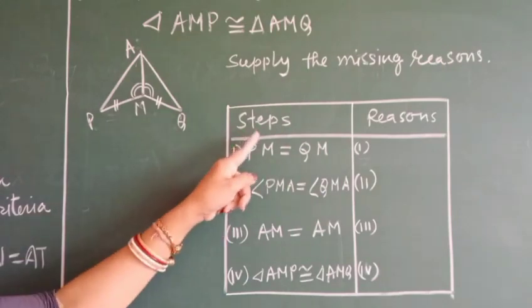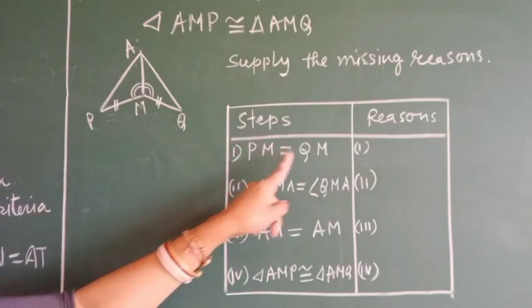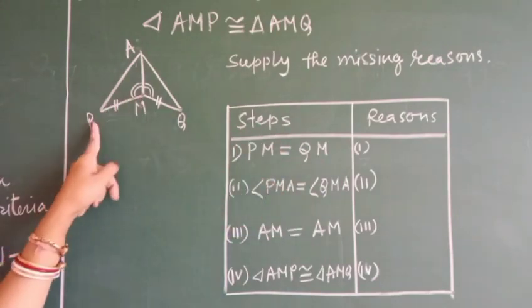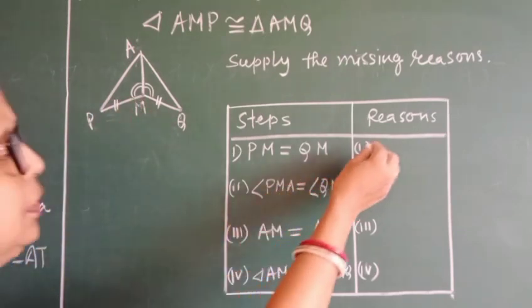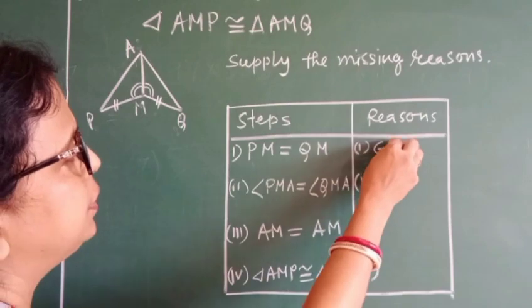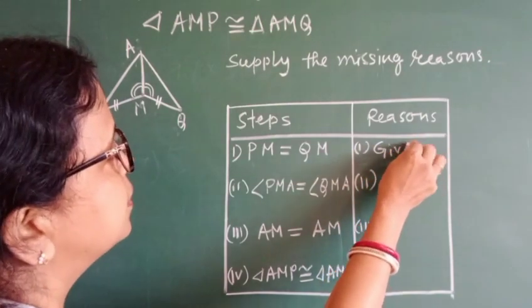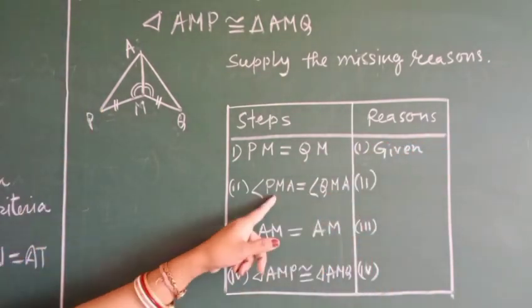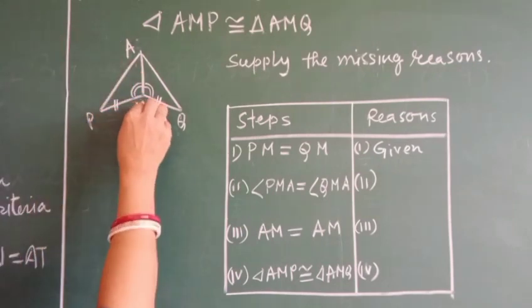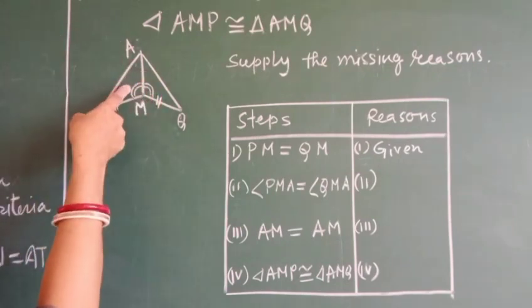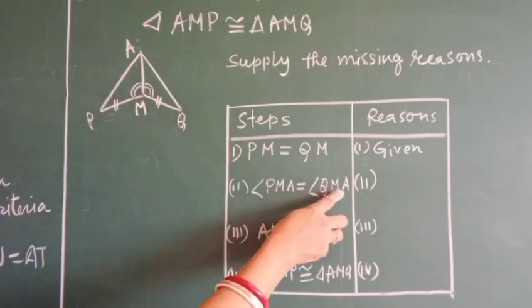Steps: it is given PM is equal to QM. What will be the reason here? It is already given, so we can write it is given. Angle PMA is the same as angle QMA.